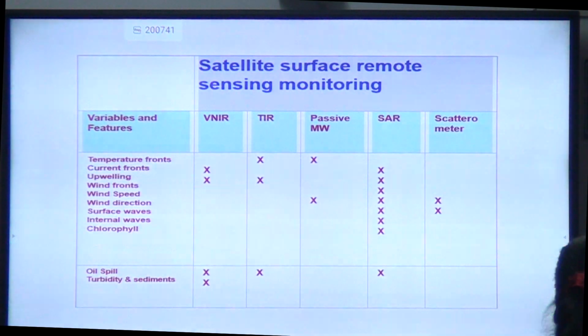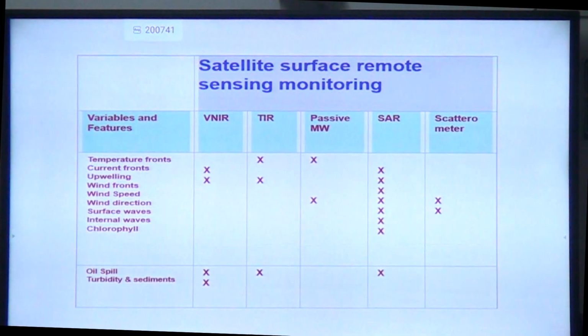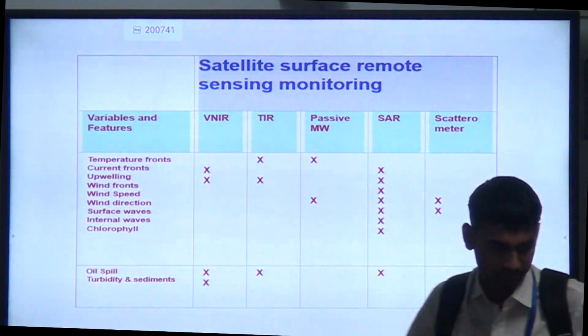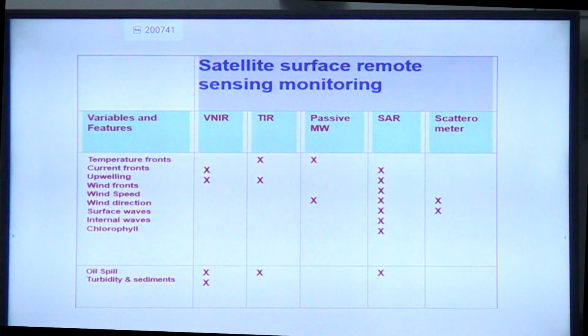Now, what are the variables that we will need for modeling of oil spill: pressure, current, upwelling in the sea. Then you have wind speed, wind direction, surface wave, internal wave, like sea current wave, right? And flow wave.